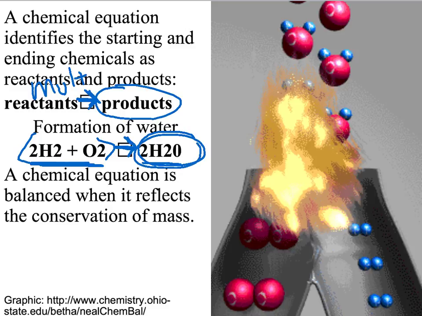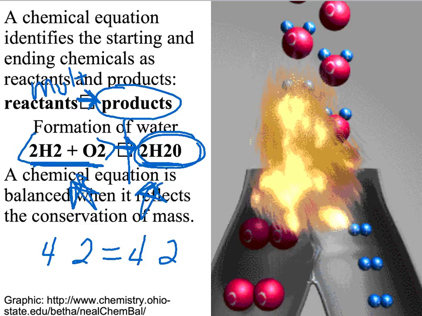And one thing that you're going to notice is that this is called balanced. There's 4 hydrogen and 2 oxygen, and over here there's going to be 4 hydrogen and 2 oxygen, and so they should always be equal on this side and this side of the equation. It's called a balanced equation.